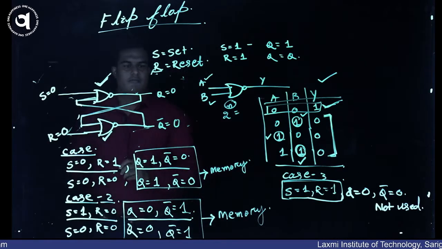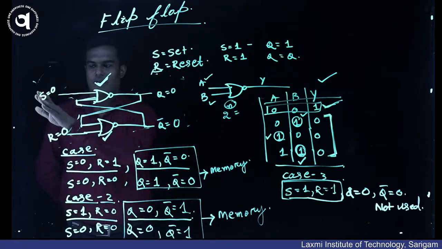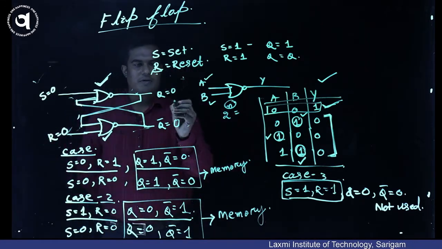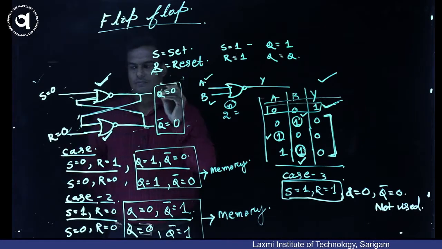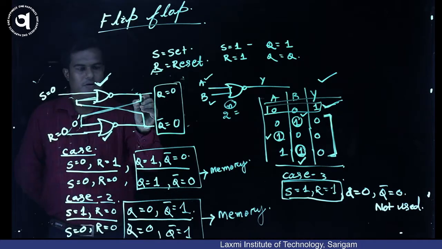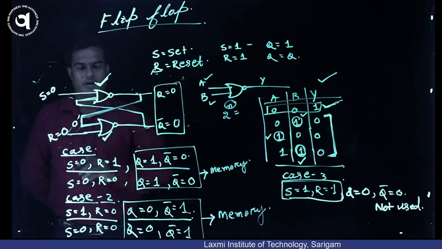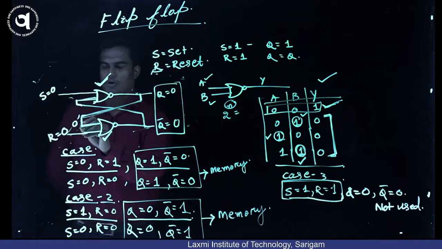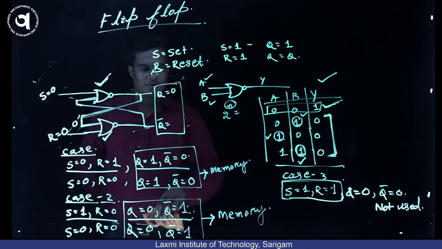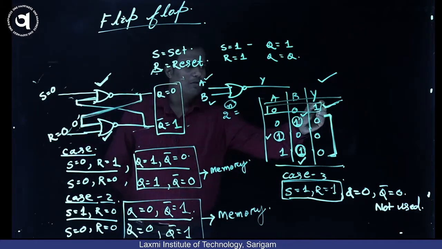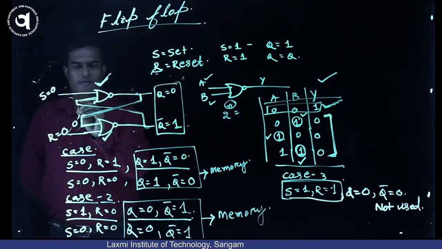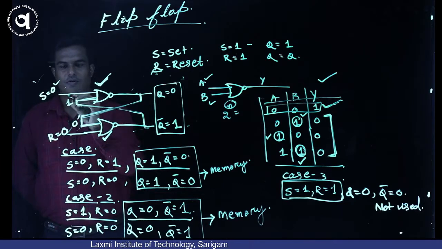Now, let me verify whether it is maintaining these two values after removing the input or not. I will start from here. The output of the first NOR gate is fed to the input of the second NOR gate. Now both the inputs are 0, so it must produce output equal to 1. Now this output is fed to the first NOR gate, so the inputs are 0 and 1.